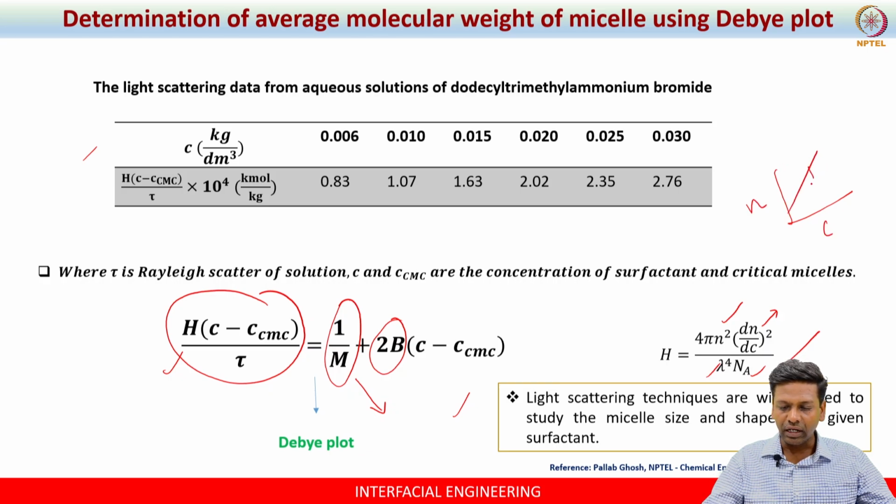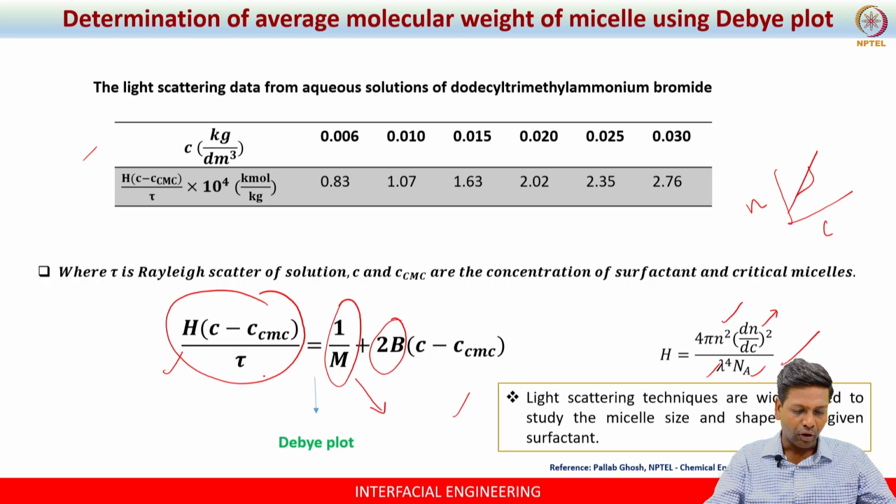The slope of that will be dn by dc, right? That data can be used here, and this entire data can also be obtained from the manufacturer when we operate the particular light scattering instrument.